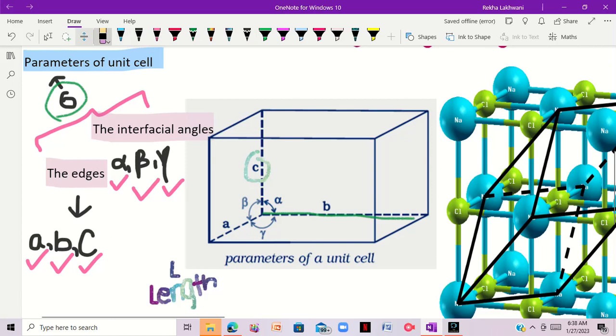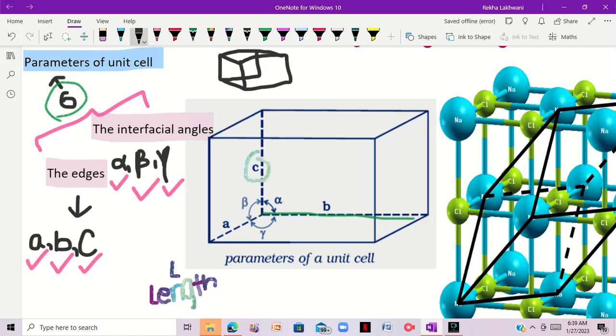Now we have the interfacial angles. What does that mean? The angles on the faces of a crystal are known as interfacial angles. Consider there's a block. Obviously there will be some kind of angles between the edges. Let me make a block over here. Consider this is a crystal.